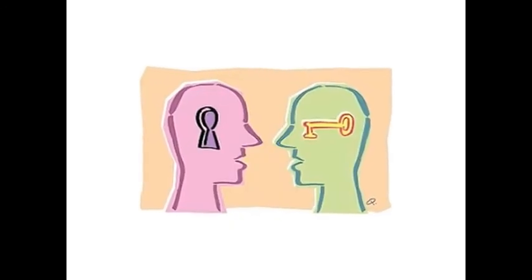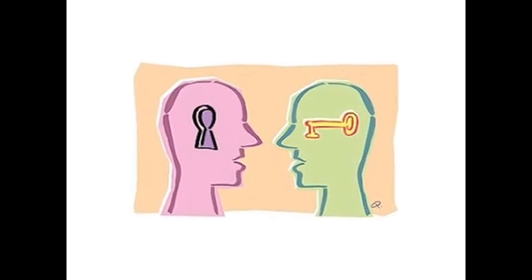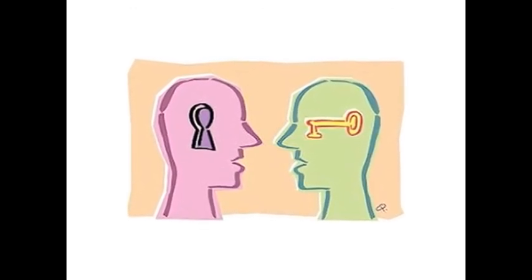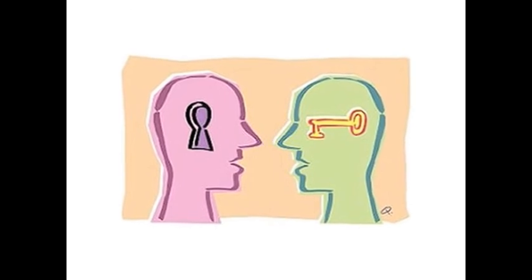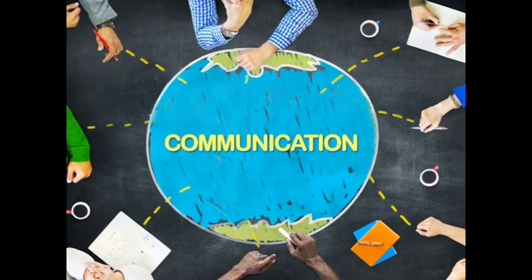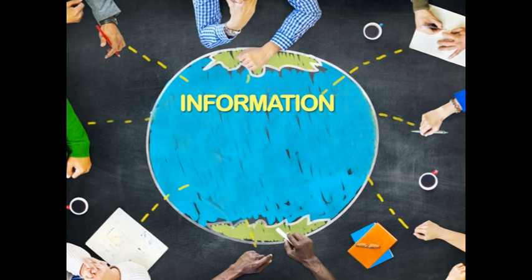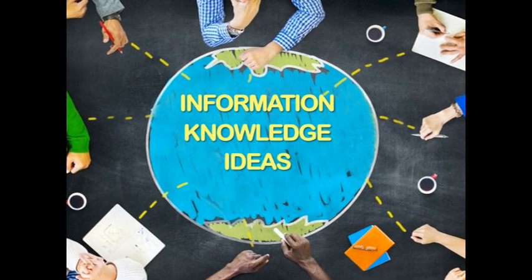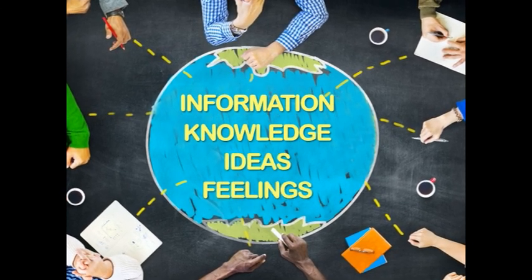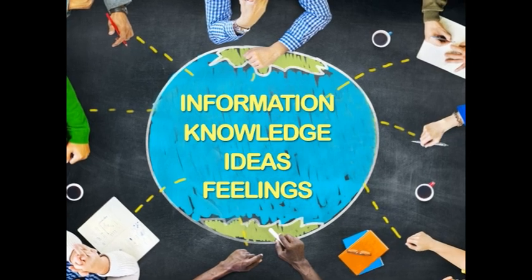So, communication is a process of social interaction where 2 or more individuals interact. They try to tangibly influence the ideas, attitudes, knowledge, and behavior of each other. Communication is thus an exchange of information, knowledge, ideas, or feelings taking place between 2 individuals.